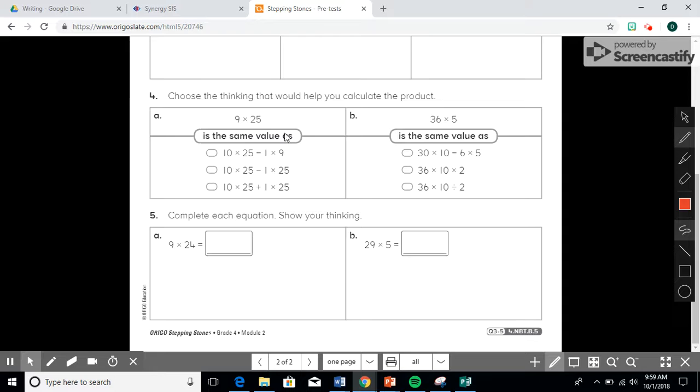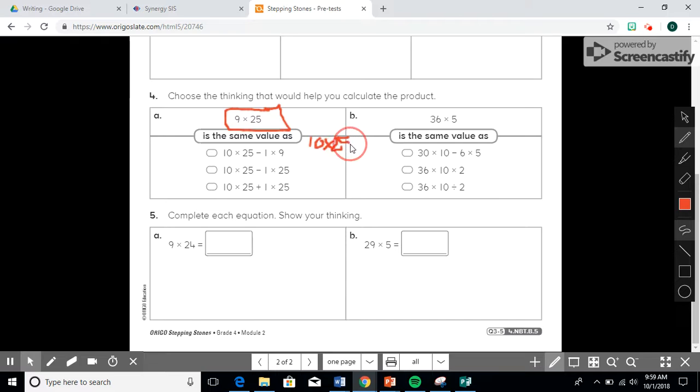Number 4, it's giving you 9 times 25, and then it's saying is the same value as. So you're finding a problem down here that will give you the same answer as the problem up here. So we have 10 times 25 minus 1 times 9. So this is our one more strategy that we were using with our 9s, where we would say, okay, 25 times 9, we can do 10 times 25.